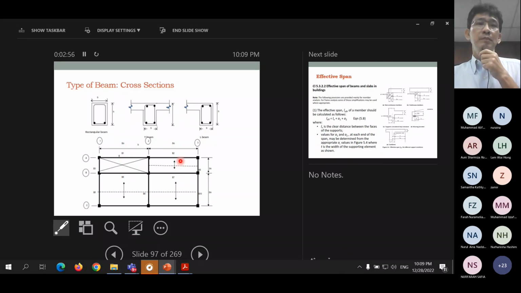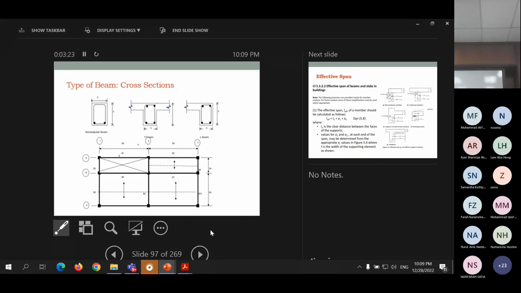Here, if the slab and the beam are cast together, then it becomes L sections. Here, interior, where there are slabs on both sides, we can consider that as T sections.